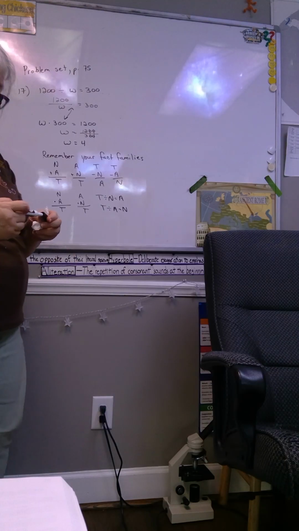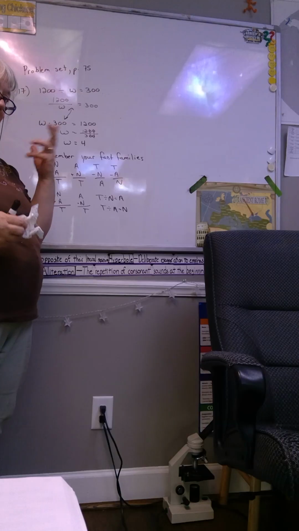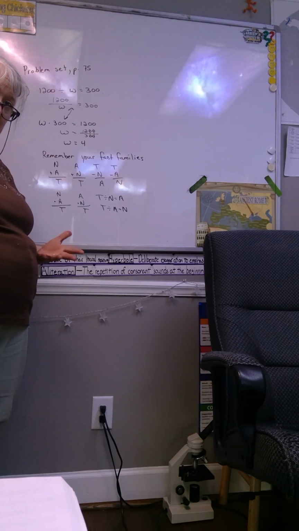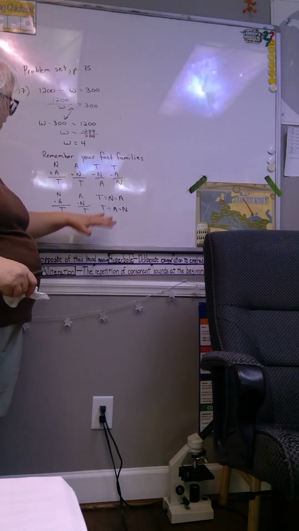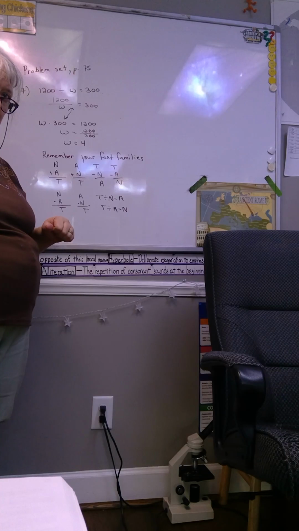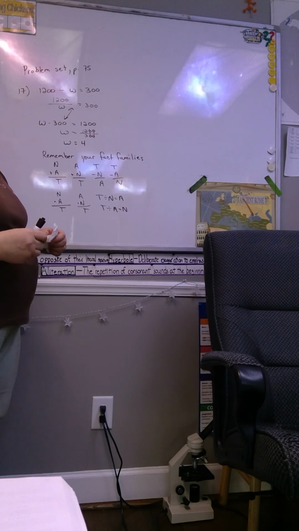So you think of it as a fact family. There's really an algebraic way to think about it, but we're not quite there yet. If you can think in fact families, I think that will help you. Does that make sense? Yeah. Okay.